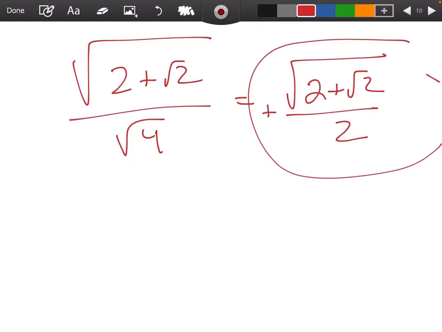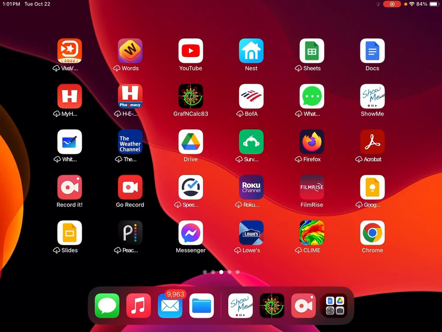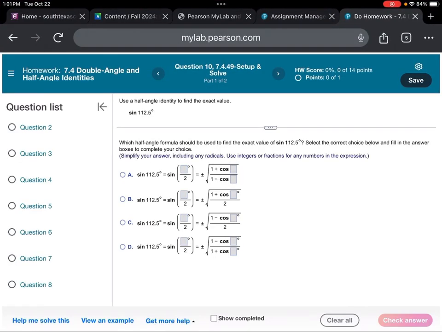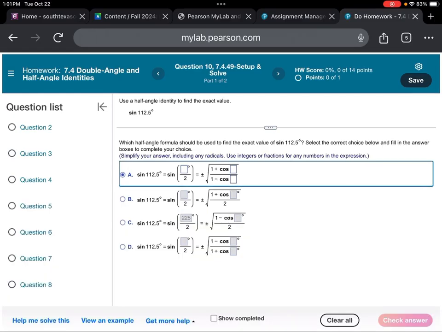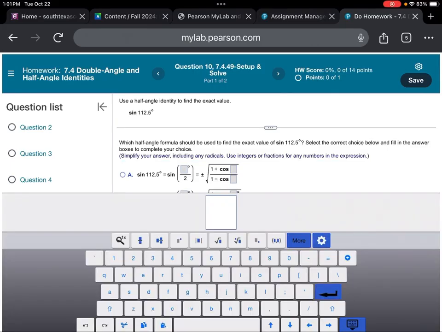So y'all, first thing I'm gonna do, come back to my problem right here, okay? And right here, y'all, I'm gonna enter in 225. Okay, boom. Let me put the same thing here, 225.